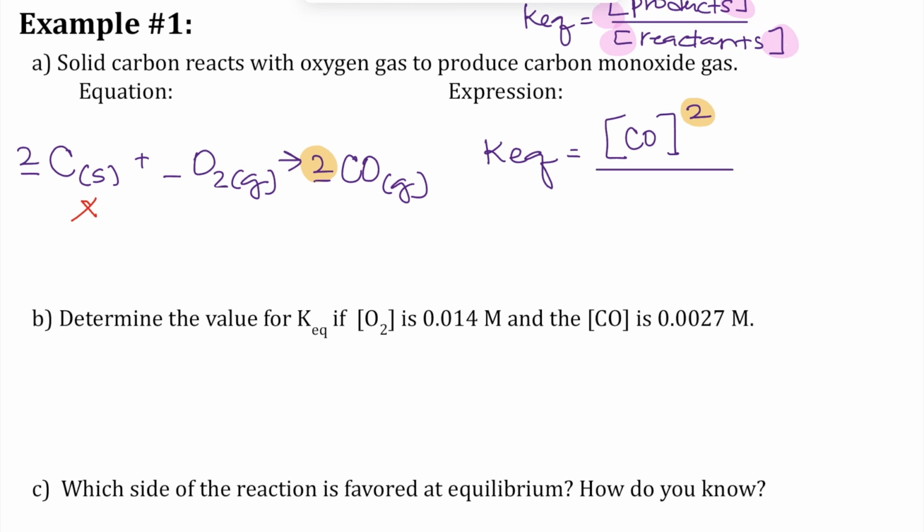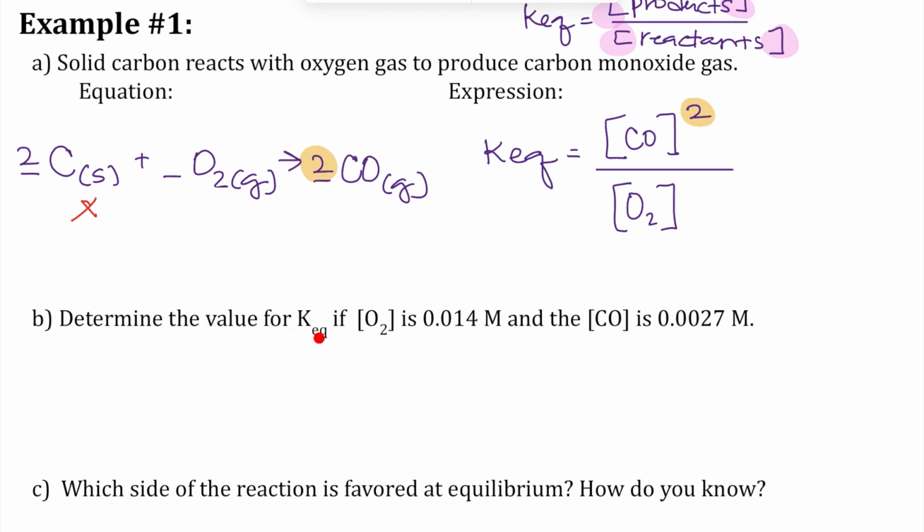And then that's our only product over our reactants, concentration of O2, which has a coefficient of 1, so there's a 1 there. And this is our final KEQ expression. So how can we use this?